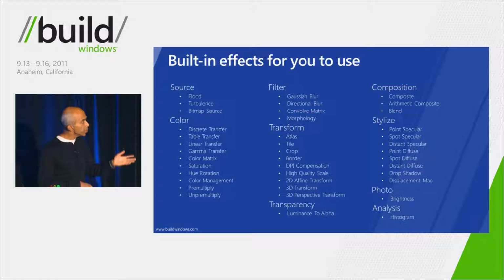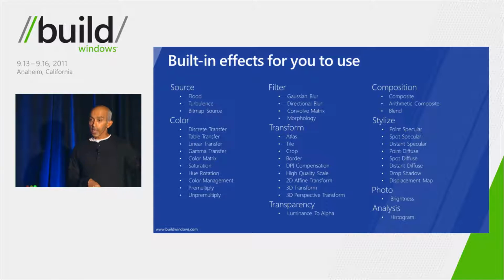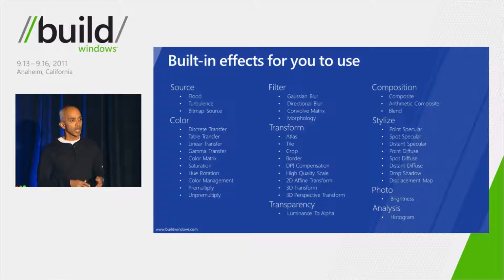We have a number of image effects for processing color. I'm really excited to include in this list a color management effect that implements full support for the latest version of the ICC profiles, including floating point support. This is all implemented in hardware, so from a color management perspective, this is the best support for color management that we have had in Windows forever.